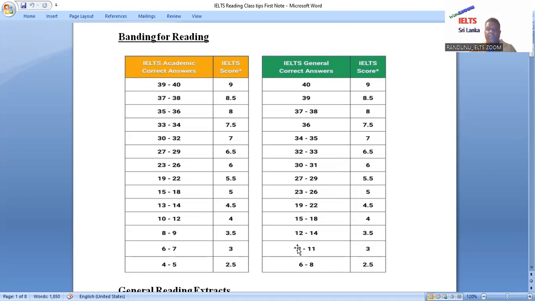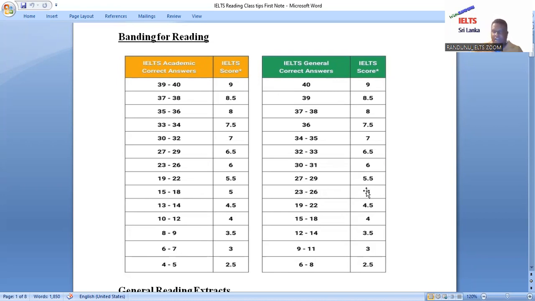Now, say for example, if you are going for a caregiver, right? If you do academic reading, you have 4.5, let's say 5, right? You need band 5. If you do academic, you need only 15 marks to get 5. But if you do general, you have to get 23. See the big difference, no?